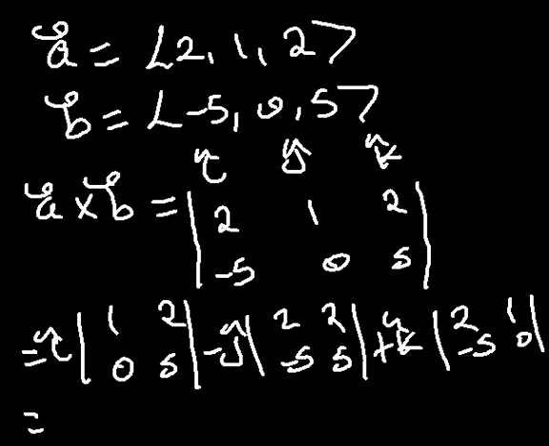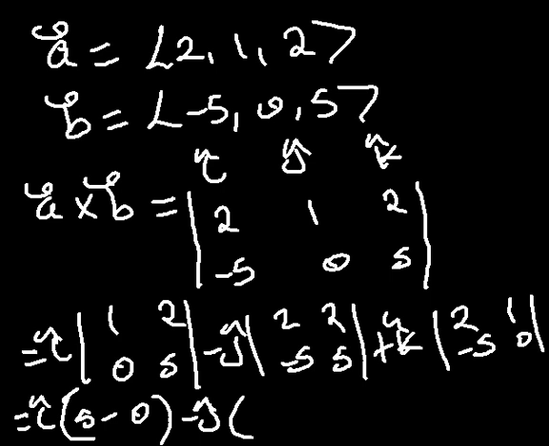Then from there we'll express it as the vector i given as 1 times 5, that is 5, minus 0 times 2, which is 0. And the minus j: 2 times 5 is 10, and minus -5 times 2, that is -10, and the negative gives plus 10 here.